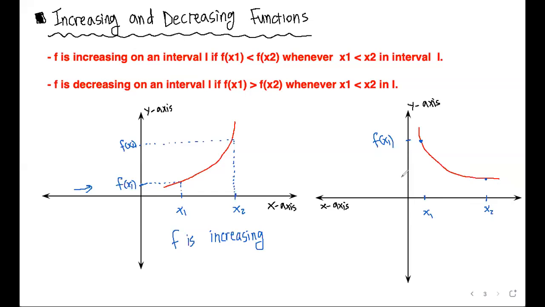And x2 has a value, f of x2. F of x1, look, is greater than f of x2, but x1 is less than x2. That's why the function is decreasing.